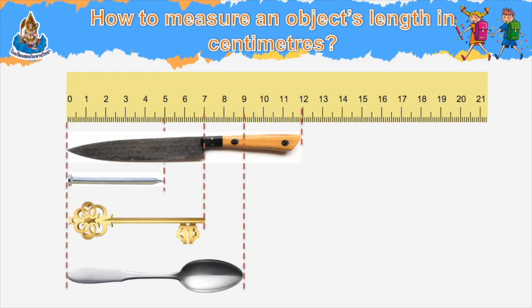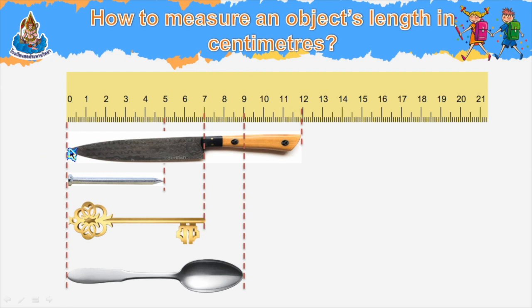How to measure an object's length in centimeters? Let's use these centimeters again in measuring this object. We have this first object here. What is this? This is a knife.